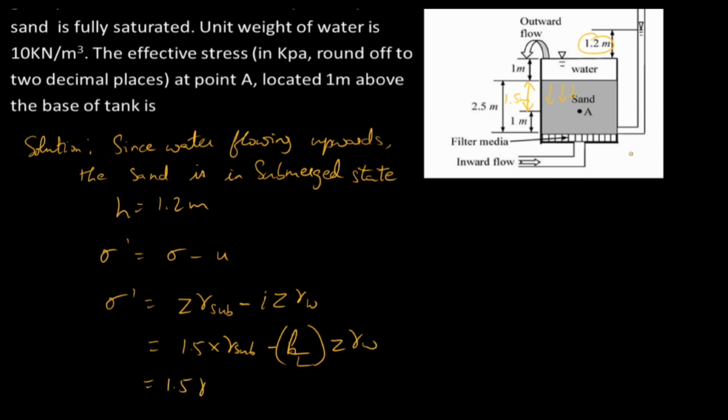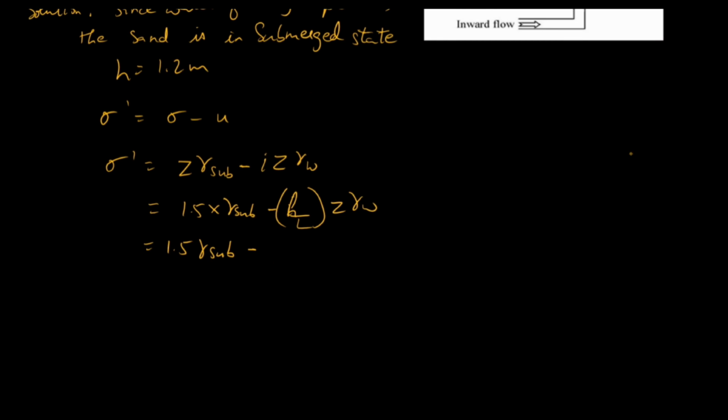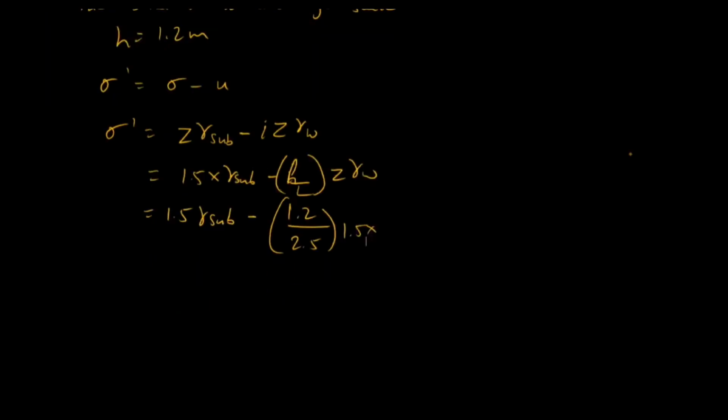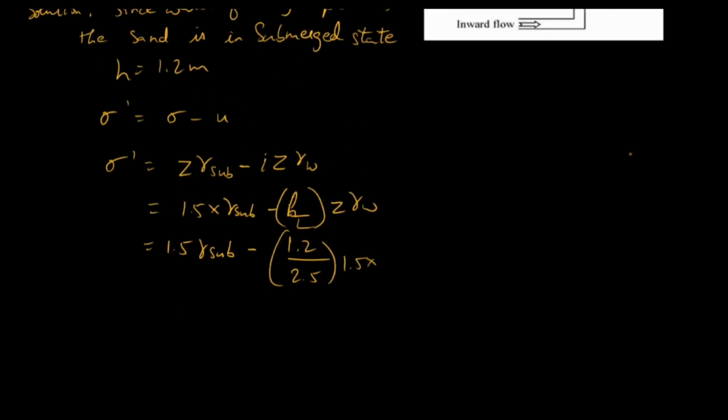So 1.5 gamma submerged minus head loss 1.2 divided by length of the sample 2.5, into Z, that is 1.5, into gamma W. They have given gamma W as 10.